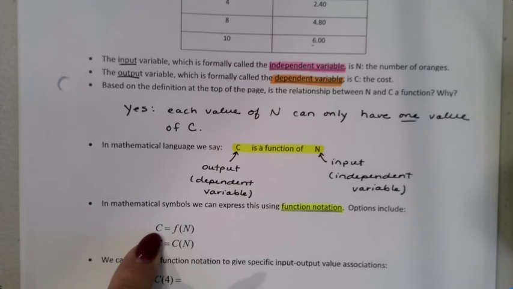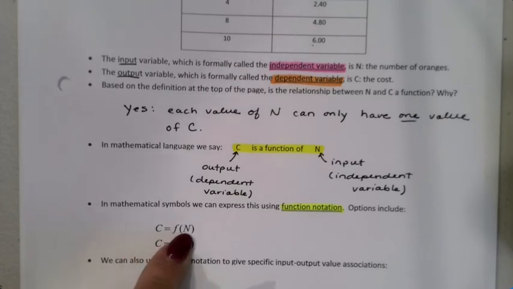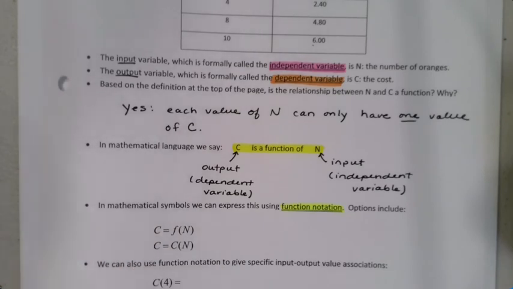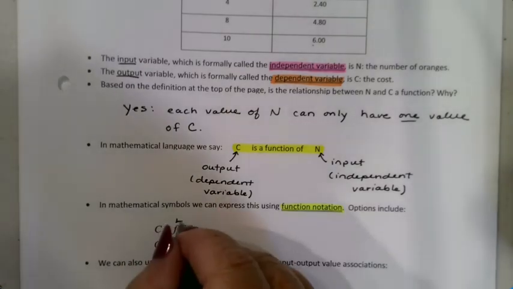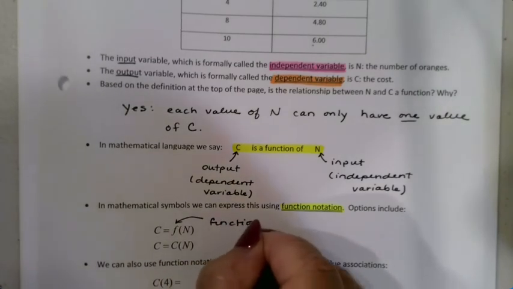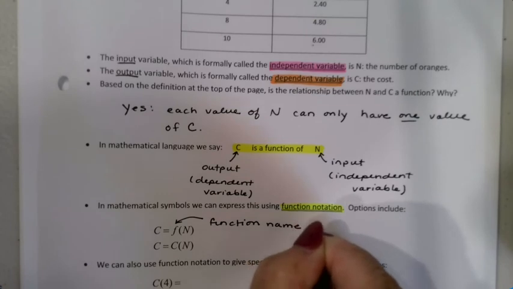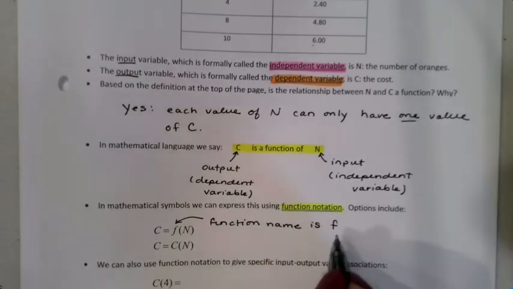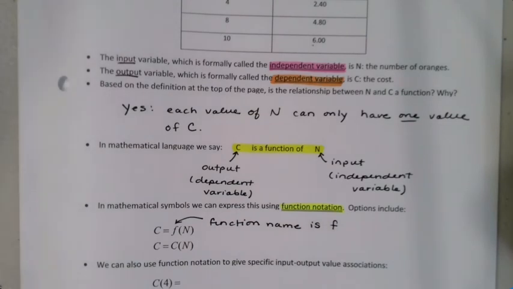I could write C is a function of N by saying C equals f of N. In this case, I've chosen to give the function the name f. F for function is a really common thing to use. You'll see it a lot.